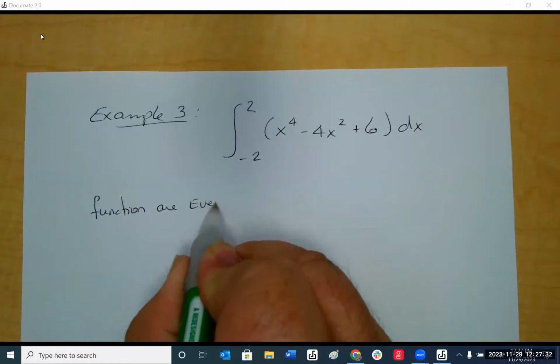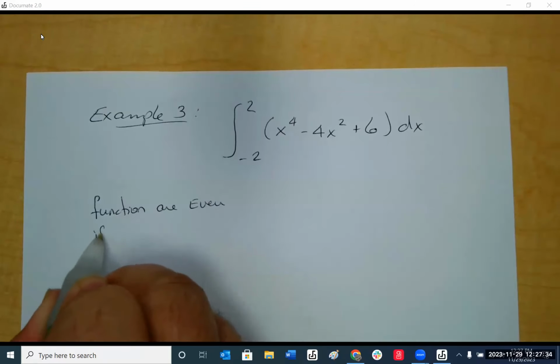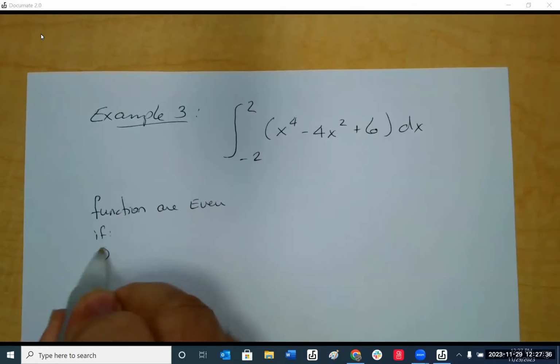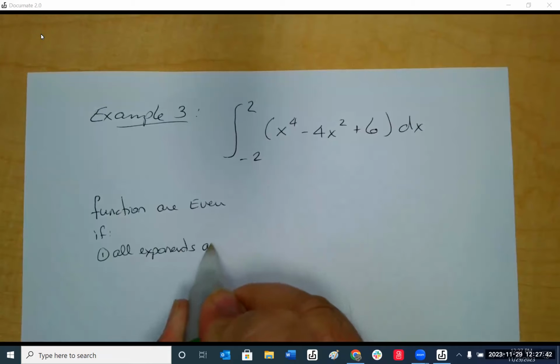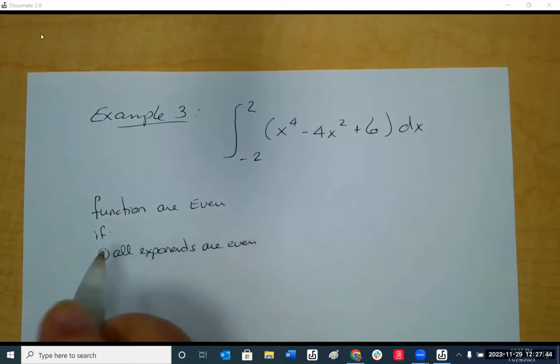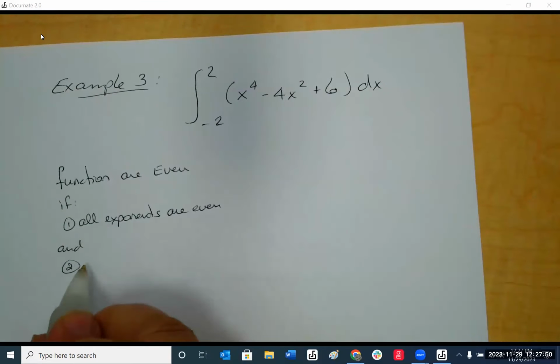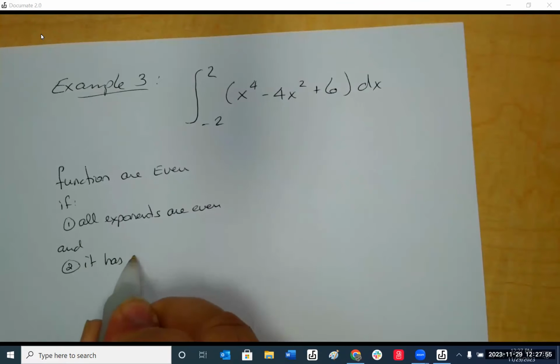Functions are even if all exponents are even, and it can have a constant.